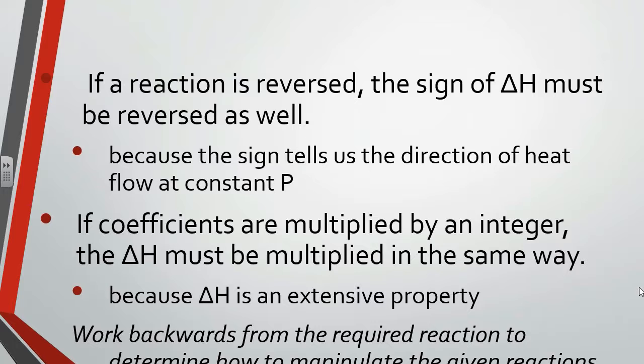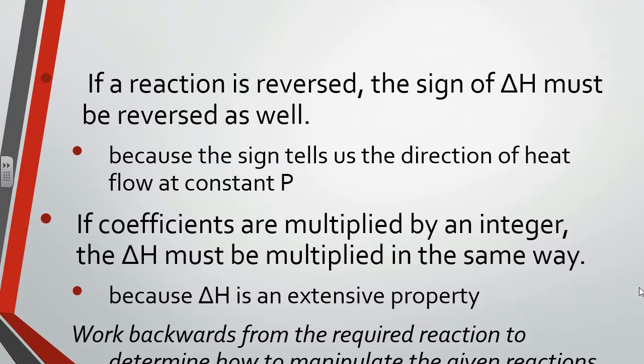The last thing here for helping us figure out values with Hess's law is you want to work backwards from the required reaction to determine how to manipulate the given reactions. Okay, so when you're solving these things, you kind of got to start from the end and work your way backwards.